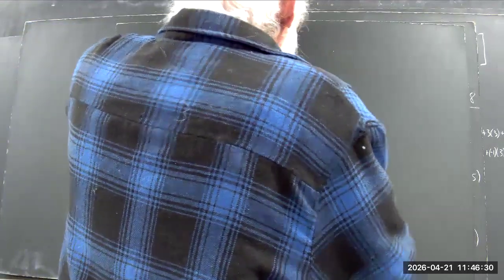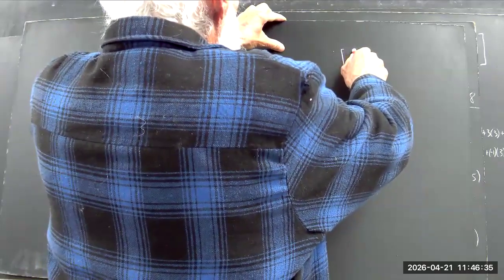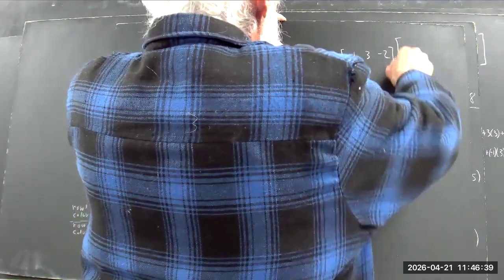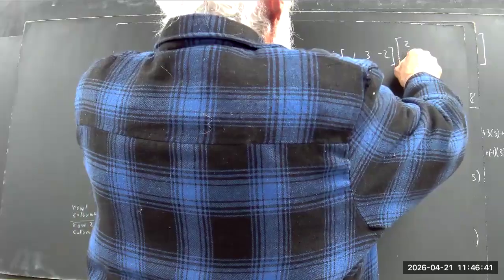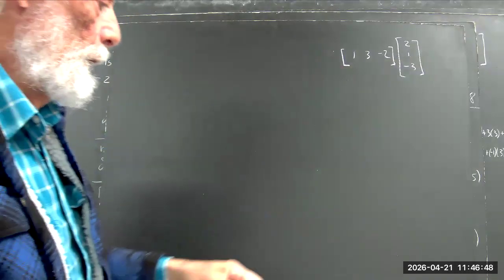So I'm going to ask you to multiply a row by a column. Can you do that multiplication?